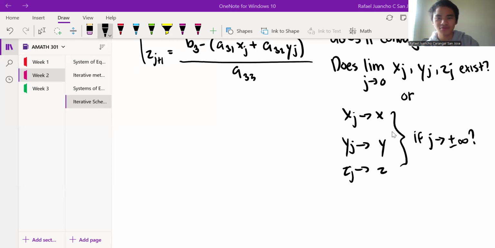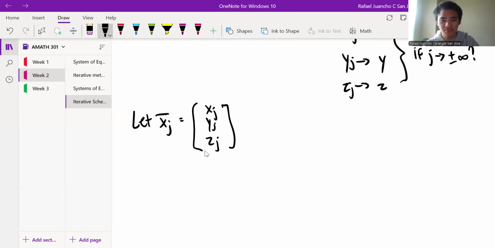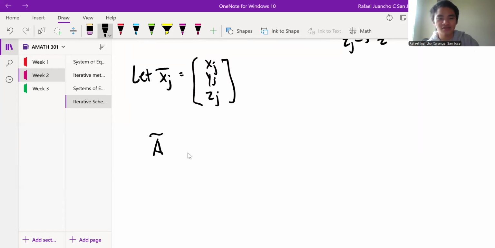Okay, so here let's consider our vector x sub j. This is a vector. It has xj, yj, zj, right? And then we also have a tilde. I still don't know what tilde means, to be honest. But here it's a matrix in this case.